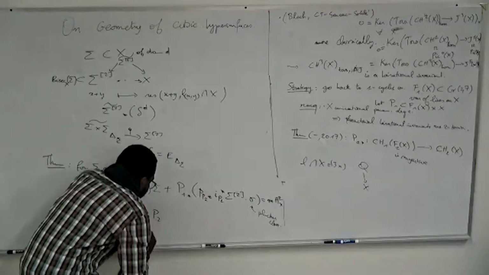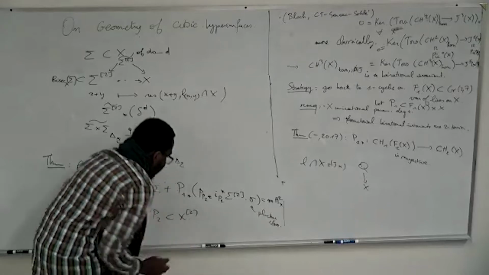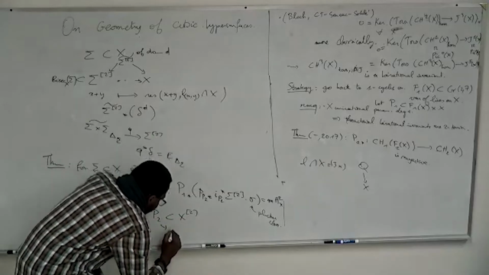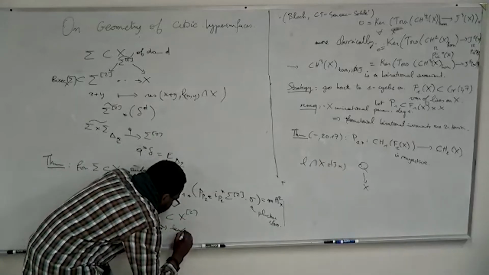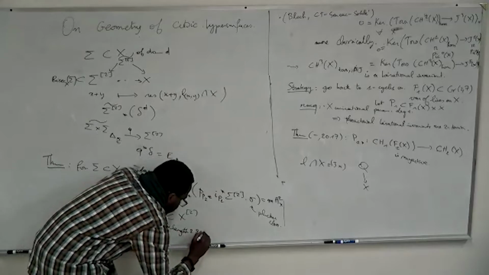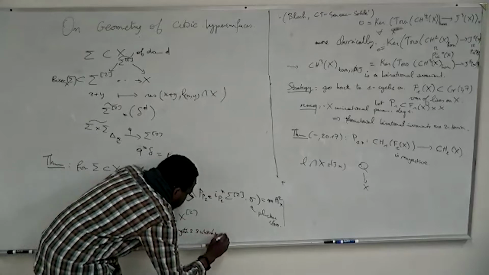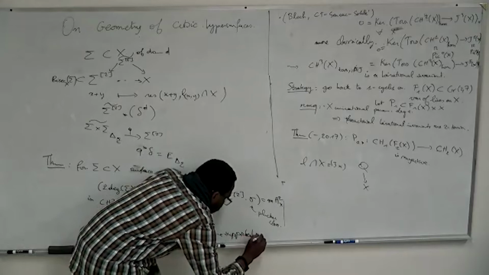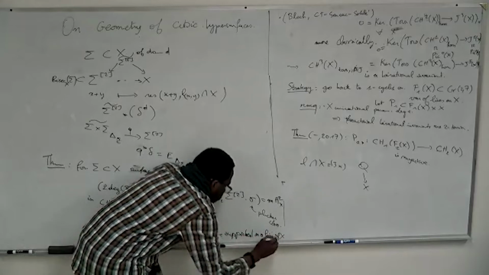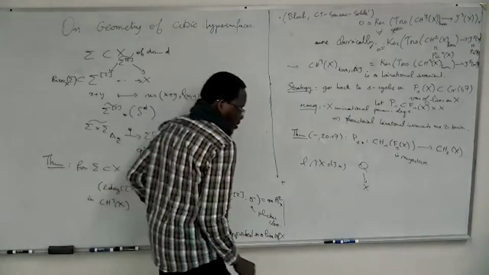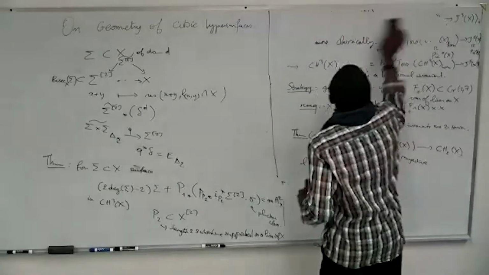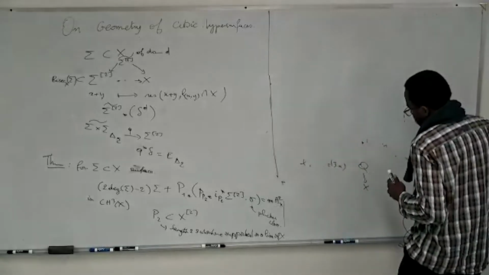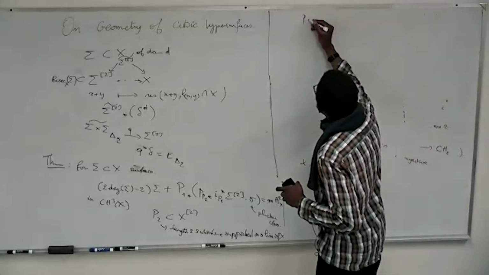P2 sits inside the Hilbert scheme of X. It is the space that parameterizes length 2 subschemes supported on the lines of X, and naturally it has a projection to the variety of lines, just a forgetful map.